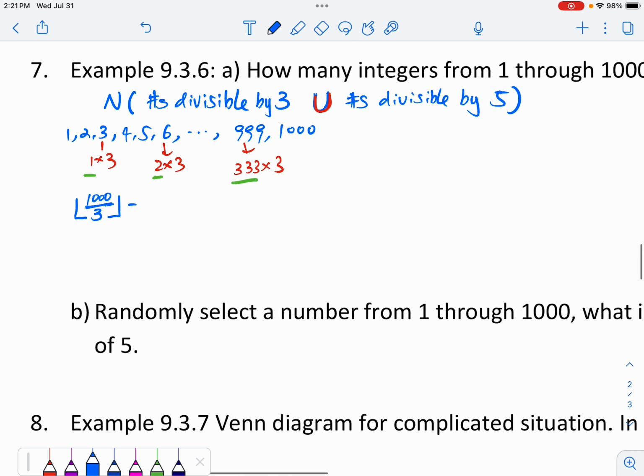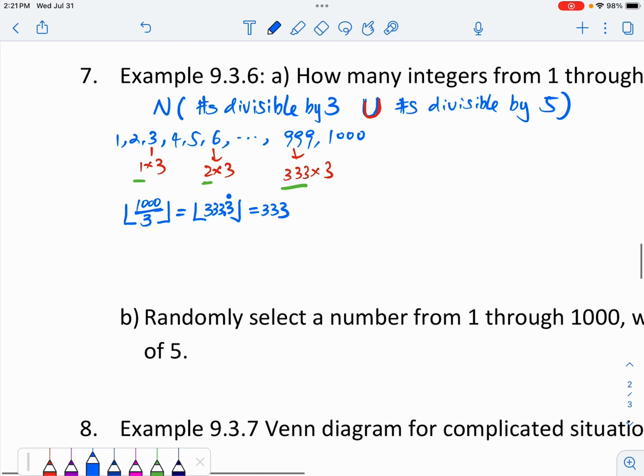Which is 333.33 and so on, so 3 will be repeating. And the floor function means the greatest integer that is less than or equal to 333.33. So basically you ignore the decimal. You just take the integral part. So therefore this is going to be 333.